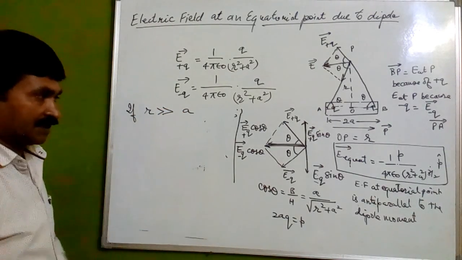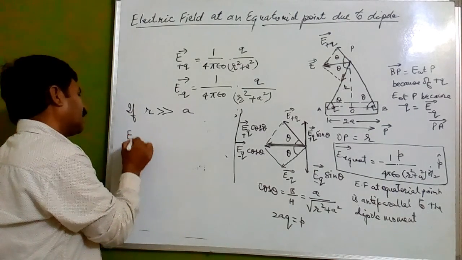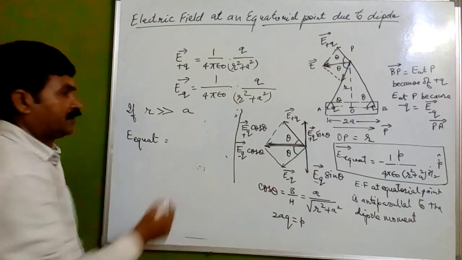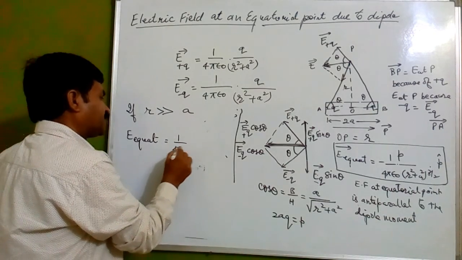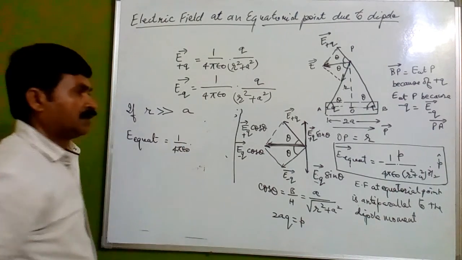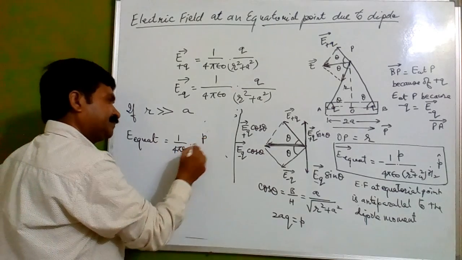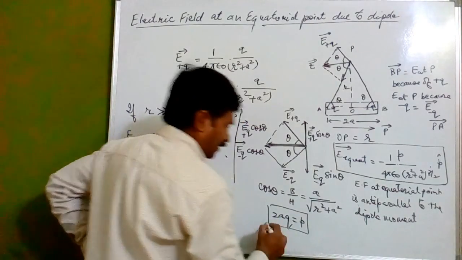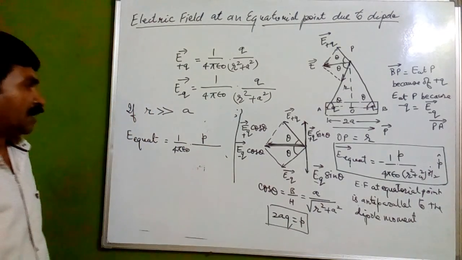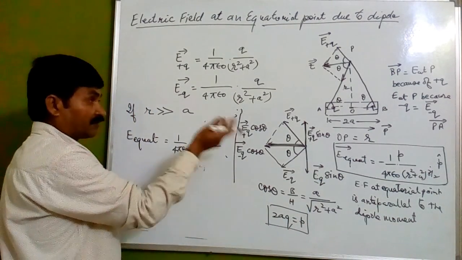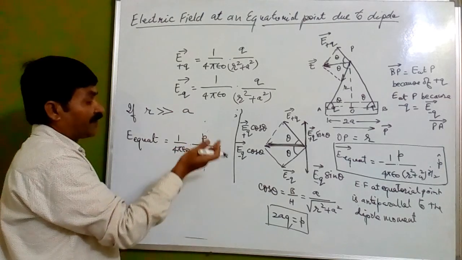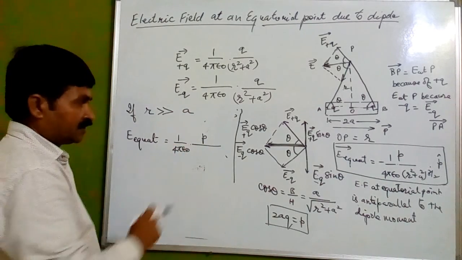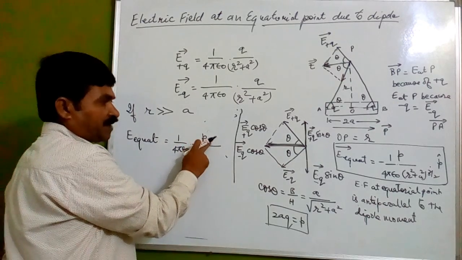So E equatorial will be 1 upon 4 pi epsilon naught into P, the dipole moment, because we are calculating our electric field at the equatorial point due to the dipole. That's why we have to represent it in terms of P.